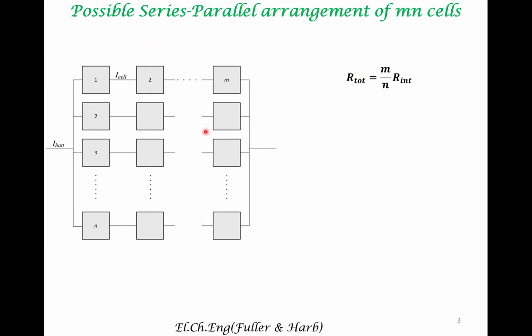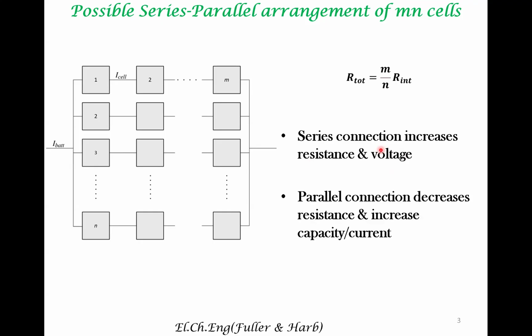This refers to the battery pack. That would be given by M divided by N times the internal resistance of a particular cell. When cells are connected in series, the resistance increases, they add up, and the voltage also adds up.